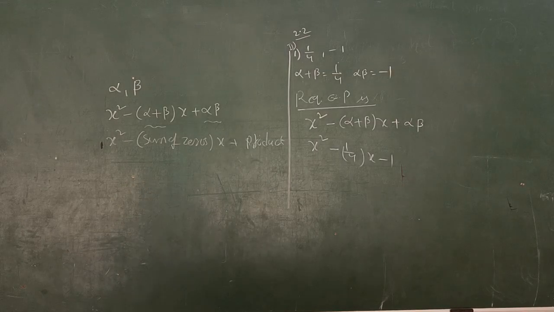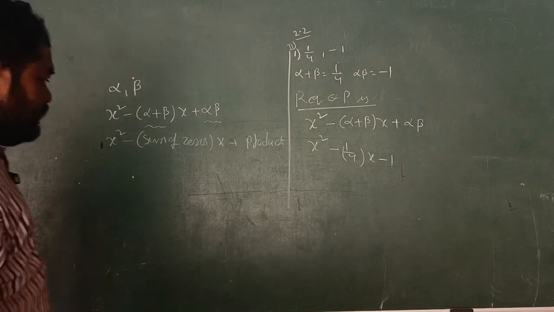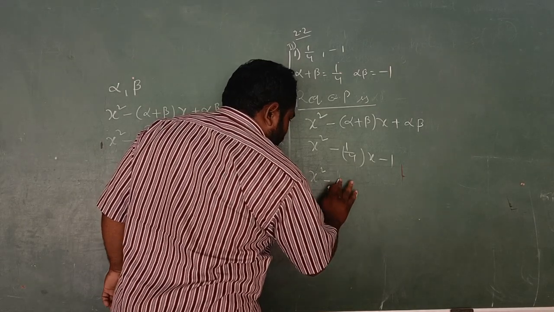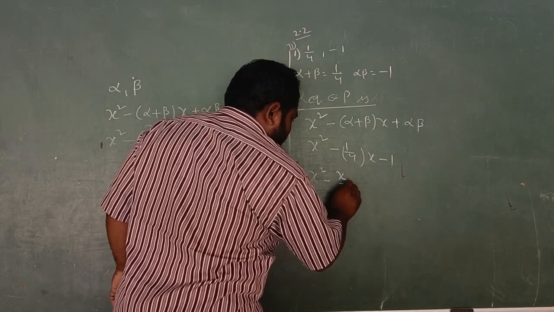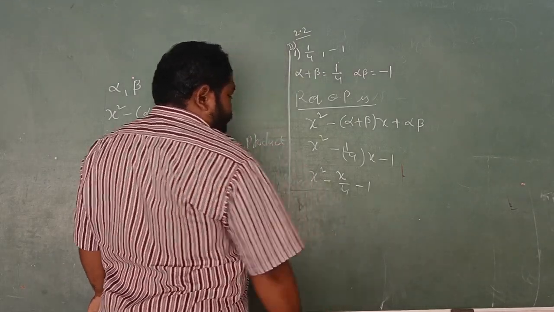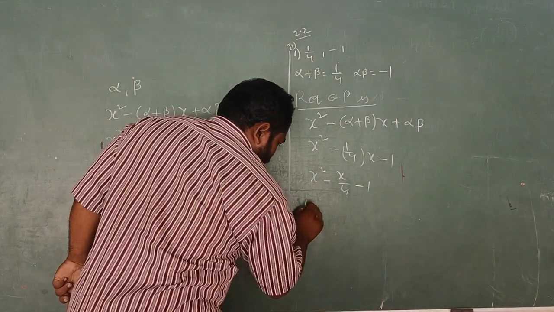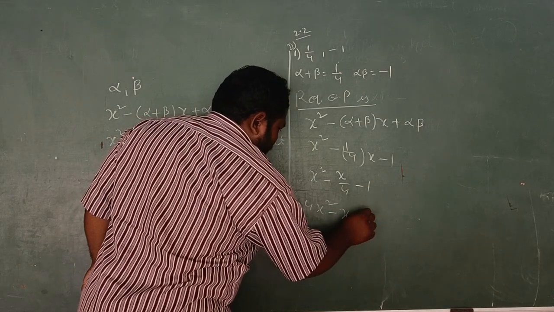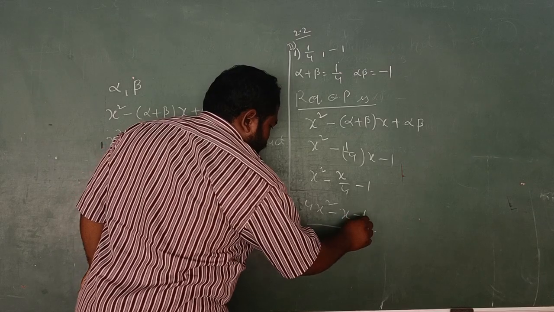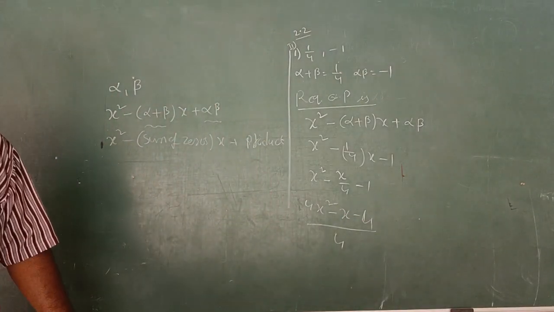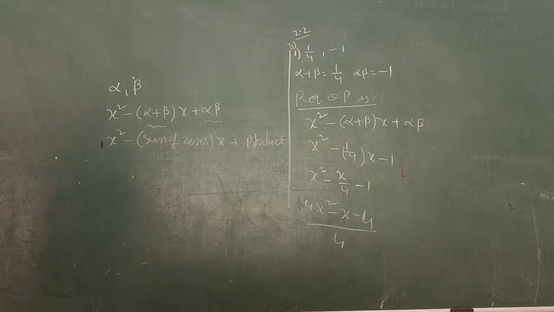After simplification we get x square minus x by 4 minus 1. After taking the LCM, this becomes 4x square minus x minus 4 by 4. This is the required quadratic polynomial.